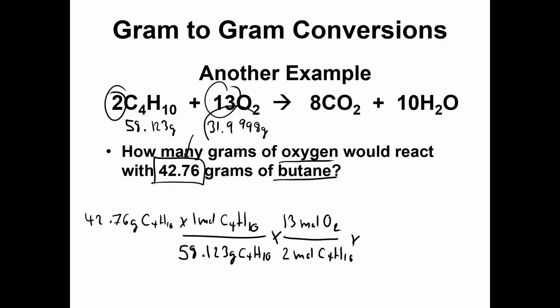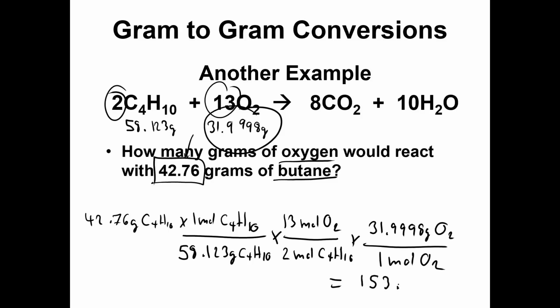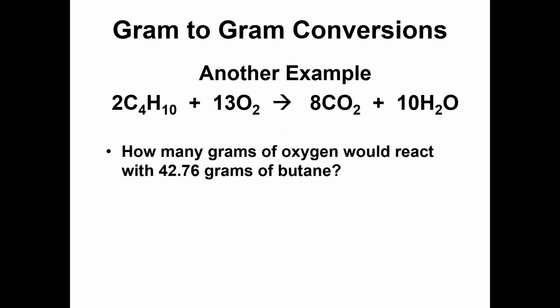And finally, converting to grams of oxygen by multiplying by 31.9998 grams of O2 divided by 1 mole of O2. And the answer is 153.016 grams of O2. That's the answer to this question.